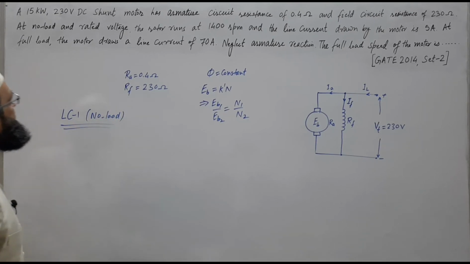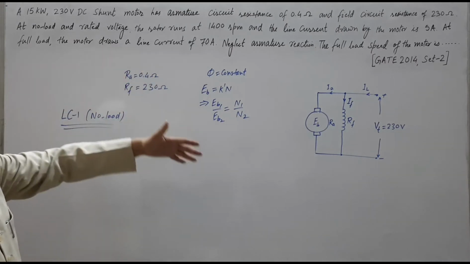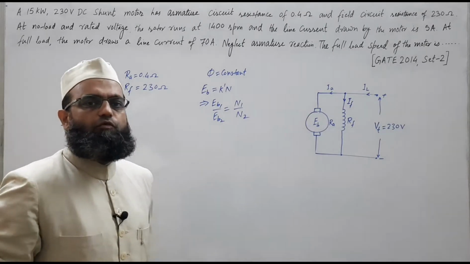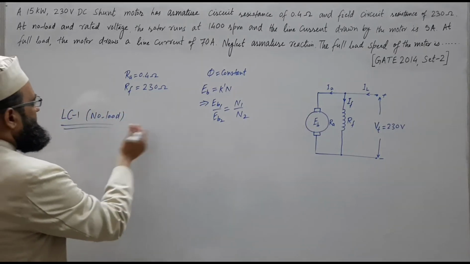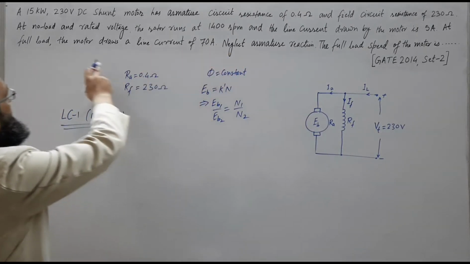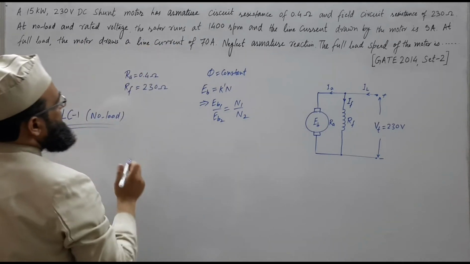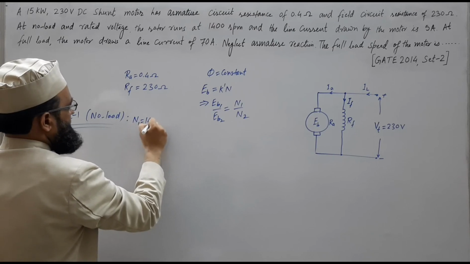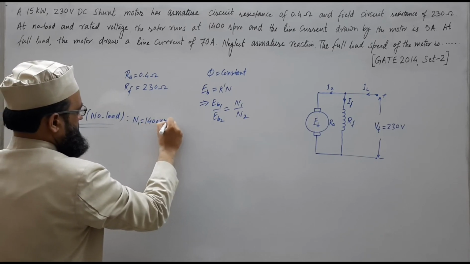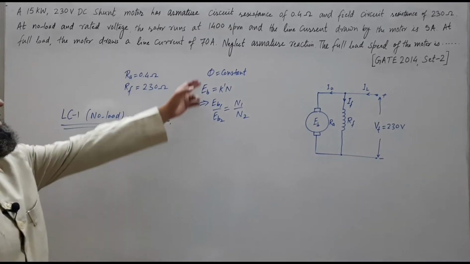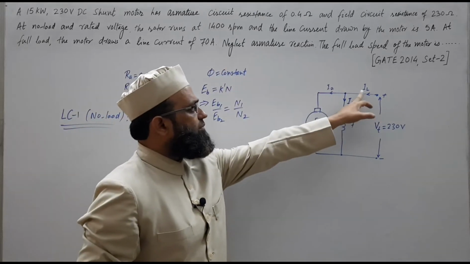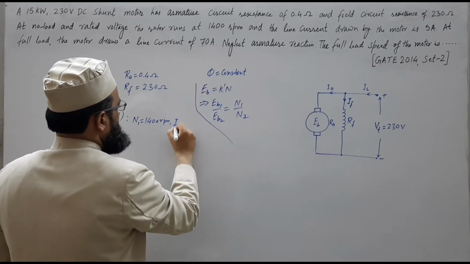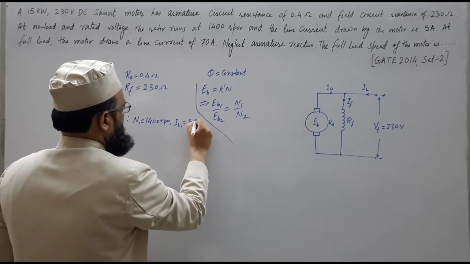So at both the loading conditions, supply is maintained constant at 230 volt, so no need to write. At the rated voltage, the rotor runs at 1400 rpm, so N1 is 1400 rpm, and the line current drawn by the motor is 5 ampere, this is IL1, 5 ampere.